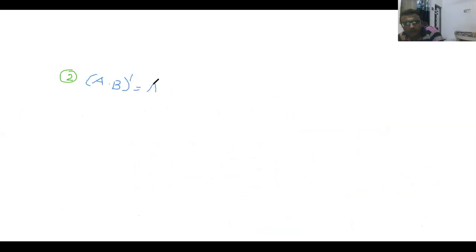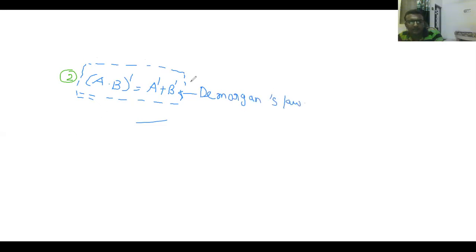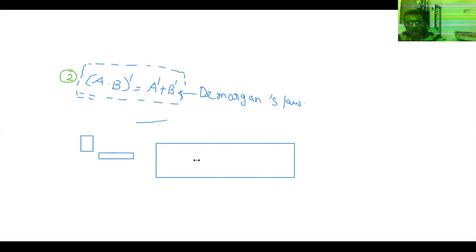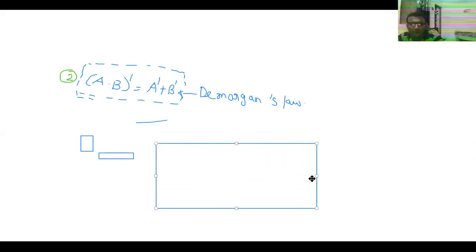(A dot B) dash equal to A dash plus B dash. It is the second law of De Morgan's theorem. Now see, I have sketched the vertical line.